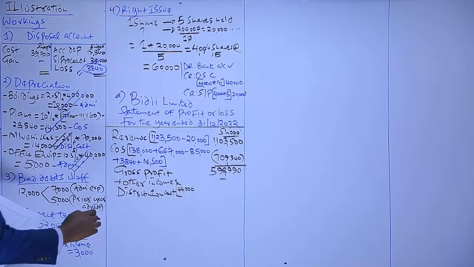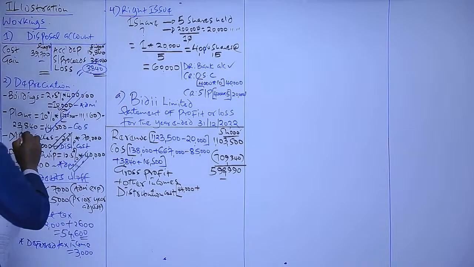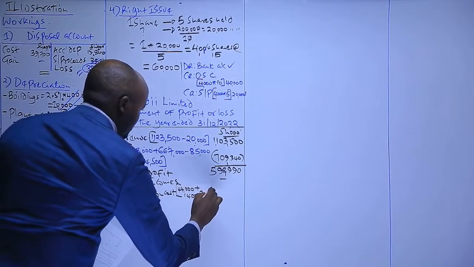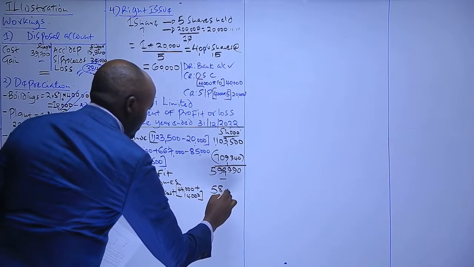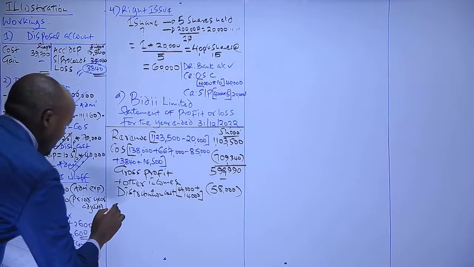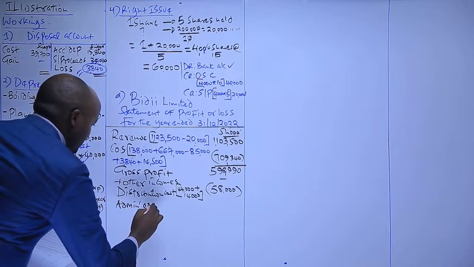That one we included here, an amount of 14,000. This will give us a total of 58,000. Below the distribution we have the administrative expenses.